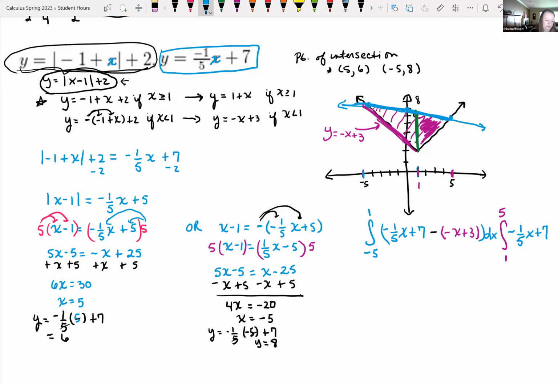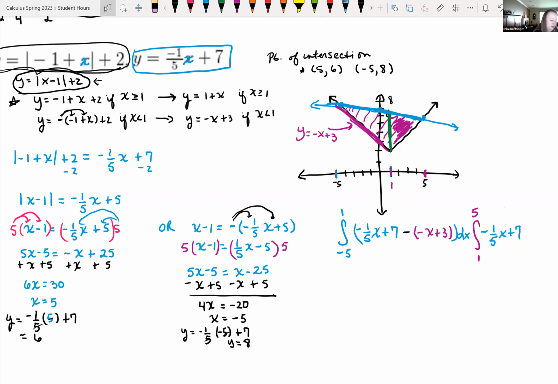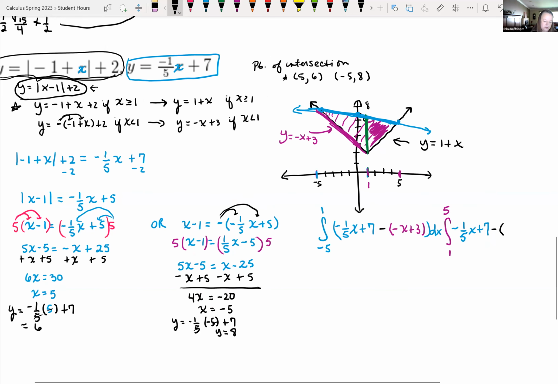And then our bottom curve, when x is bigger than or equal to 0, we're using this line y is equal to 1 plus x, or x plus 1. So minus that equation off. So minus the whole equation 1 plus x. And then we have this dx.